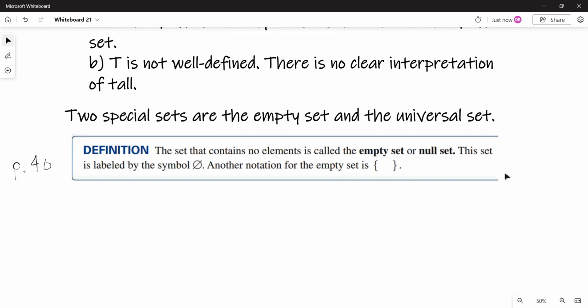That is labeled by the symbol with a circle and a line crossing it, or another notation is the empty braces. But most of the time we're going to be using the first symbol. So the notation for the empty set is going to be this. We're not going to be using the empty braces.